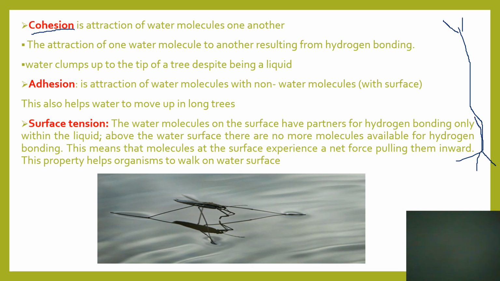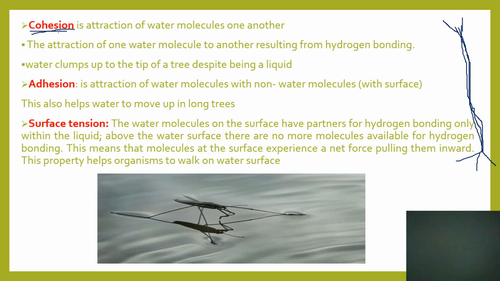Then it passes through xylem tissue and reaches the leaves for photosynthesis. So one of the mechanisms that help water to move up is cohesion. This is a force that helps water to move up from the root to the leaf of a plant. Therefore, water molecules are attracted to each other to move up.